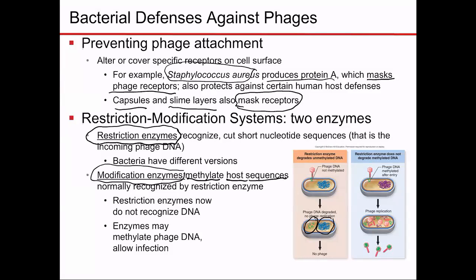And when those sequences are methylated, the enzymes cannot cut that DNA. The only problem with these modification enzymes is that sometimes they may also methylate the DNA of the virus. And if they modify the DNA of the virus, then the restriction enzymes will not be able to cut that DNA. And now the virus will evade those restriction enzymes and start the replication in the cell to produce viral particles.